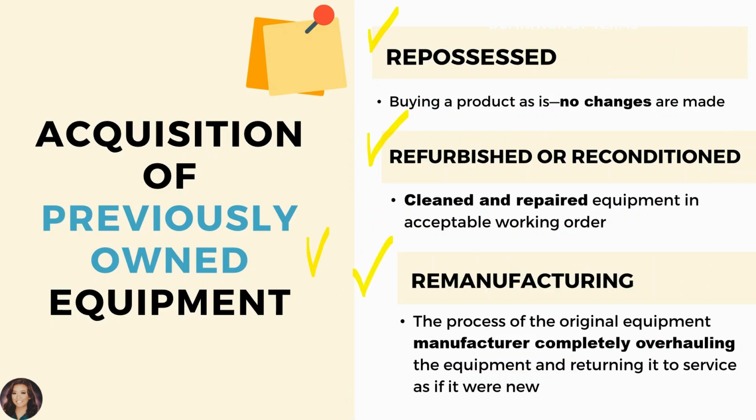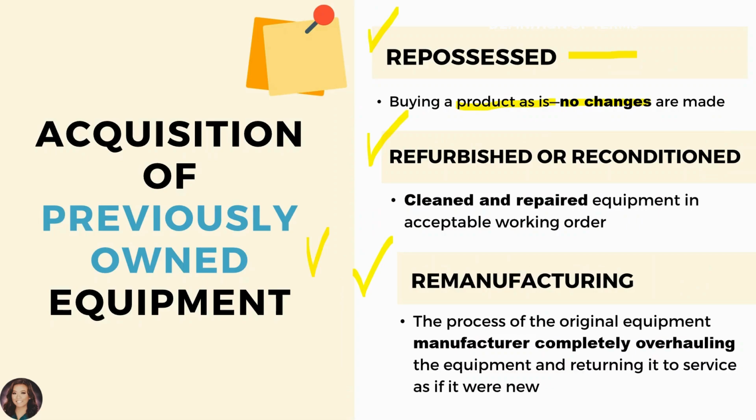Okay, tingnan natin. Kapag bumili ka ng equipment na previously owned and repossessed ang label niya, meaning the product is somehow good as new. Halos walang binago sa kanya. Hindi pa siya binuksan, hindi pa siya nasira-sira, and it's basically good to go. Okay? It's as is. Parang bago lang siya, pero hindi siya masyadong ginamit ng unang owner niya.